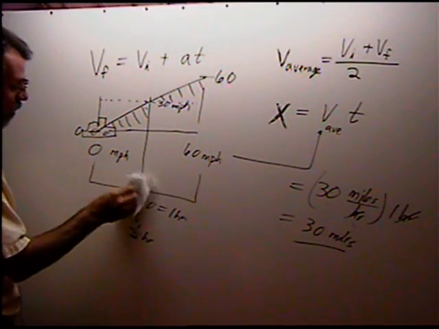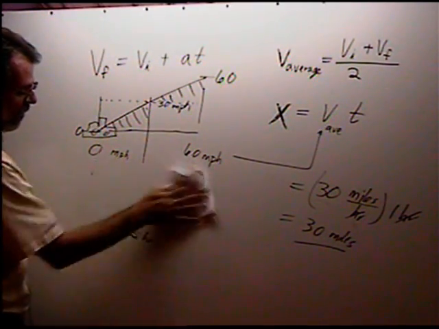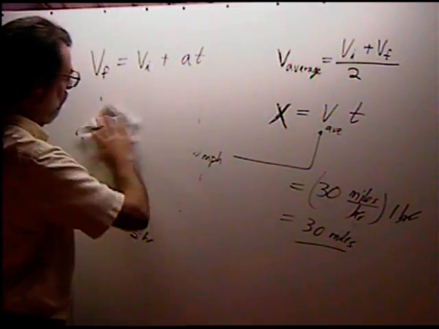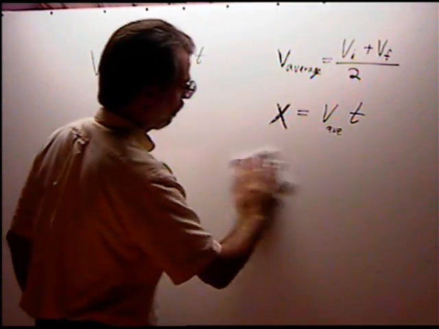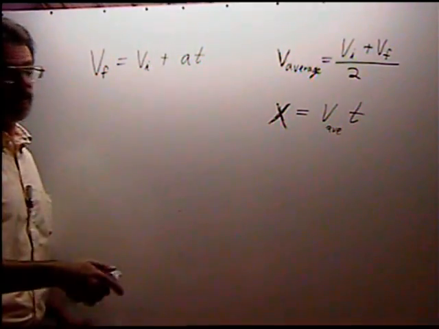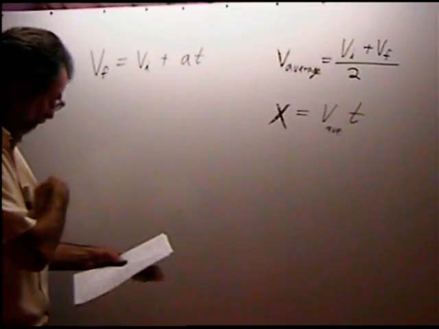this will hopefully convince you that we can talk about average velocities, and that we can use these average velocities for calculating the total distance traveled during that length of time. Okay?